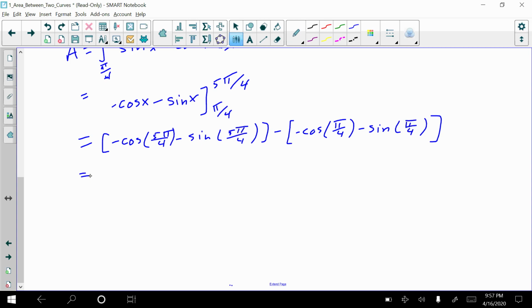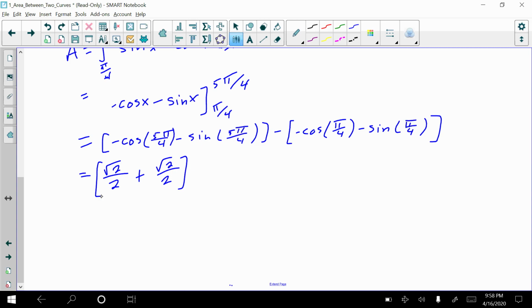So negative cosine of 5 pi over 4, the negative and the negative will give me a positive radical 2 over 2. And the same thing with the sine. Sine of 5 pi over 4 is going to be negative, but I multiply it by the negative on the sine itself, and that'll be plus radical 2 over 2.